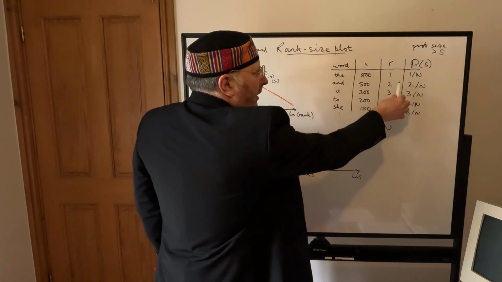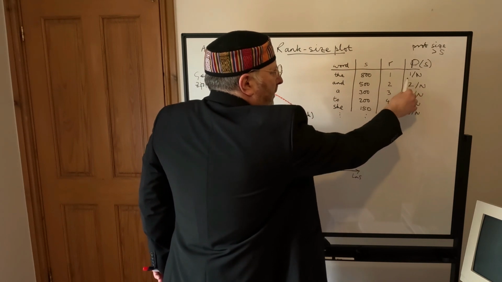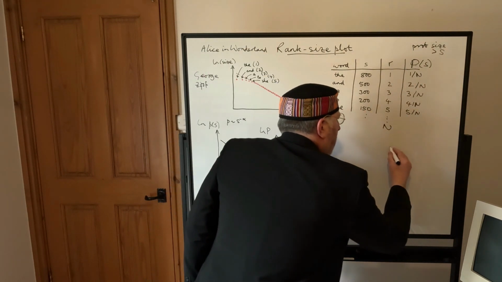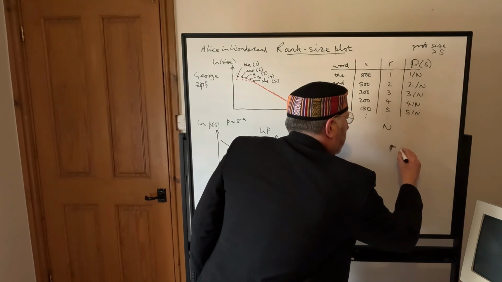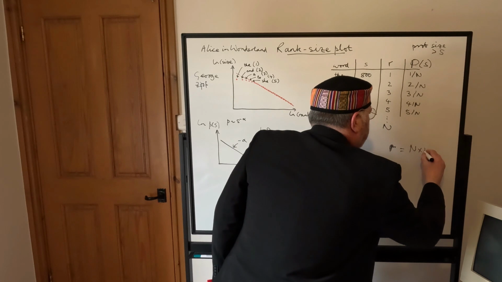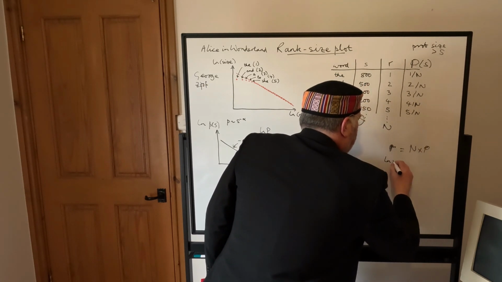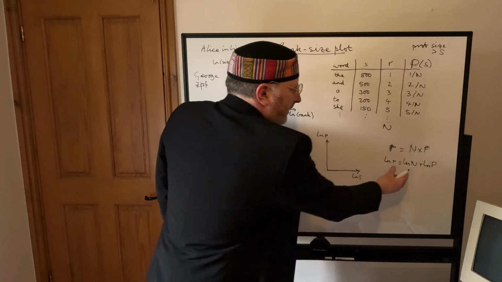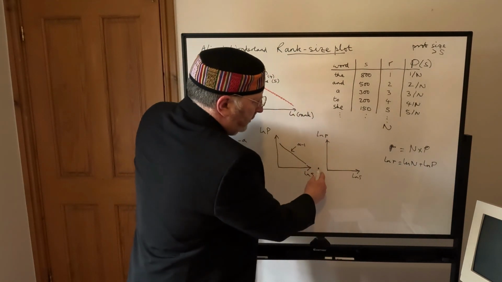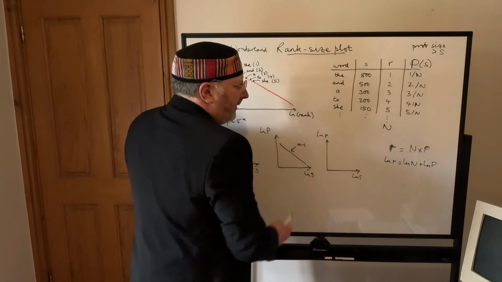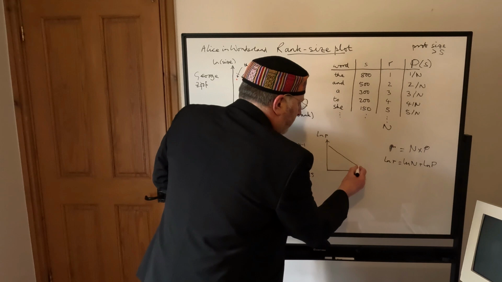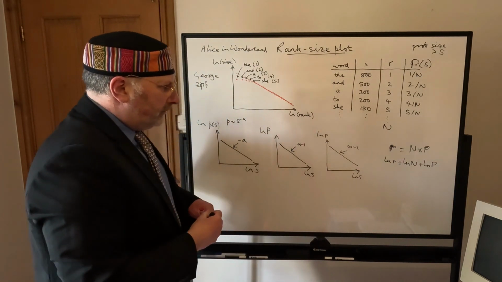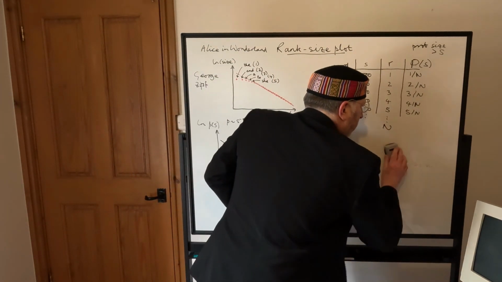When we take the logarithm, R equals n times P, the cumulative probability, so log of R is equal to log of n plus the log of P. So this is just a constant, so it will just shift up the graph, so we'll just start at a different point here, so the numbers on the axis will be different, but the graph will look exactly the same, and it will have the same slope of alpha minus 1. Let's just get rid of that.